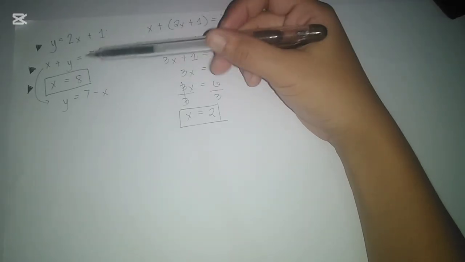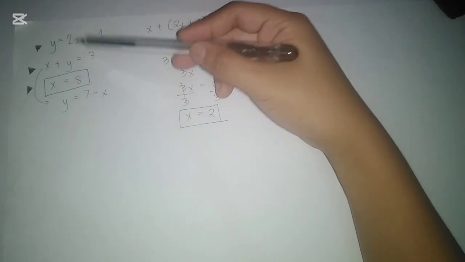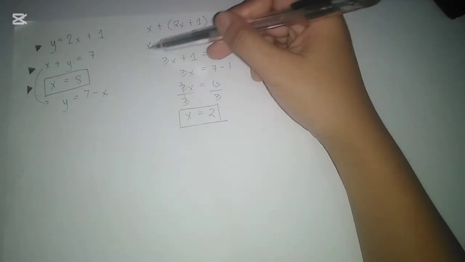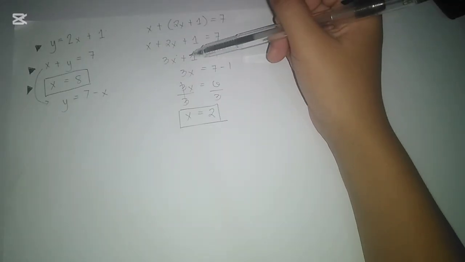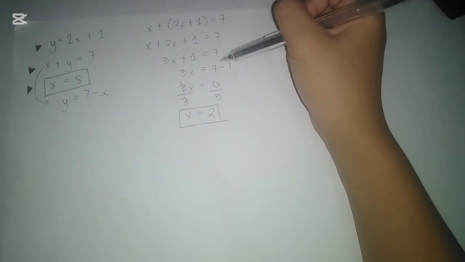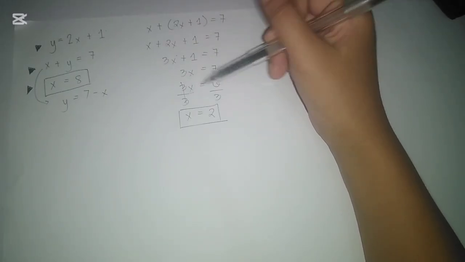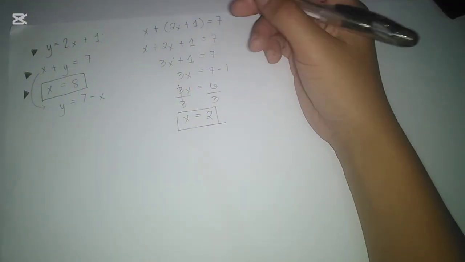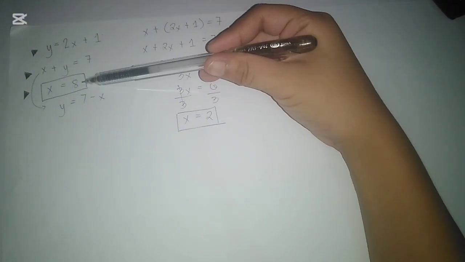We substitute y by 2x plus 1, so x plus 2x plus 1 is equal to 7. 2x plus x is 3x plus 1, and we move the 1 over, it becomes negative 1, so 3x is equal to 7 minus 1, and 7 minus 1 is 6, so 3x is equal to 6. Divide both sides by 3, so we have x is equal to 2, so we have now x is equal to 2 and x is equal to 8.